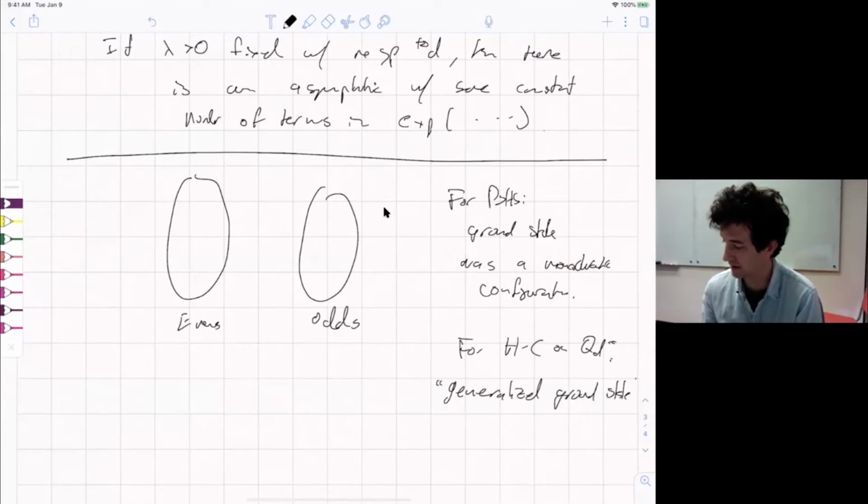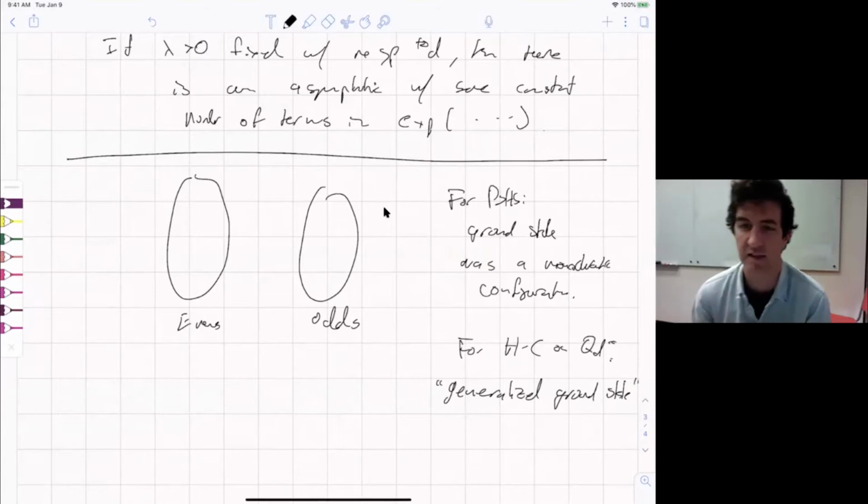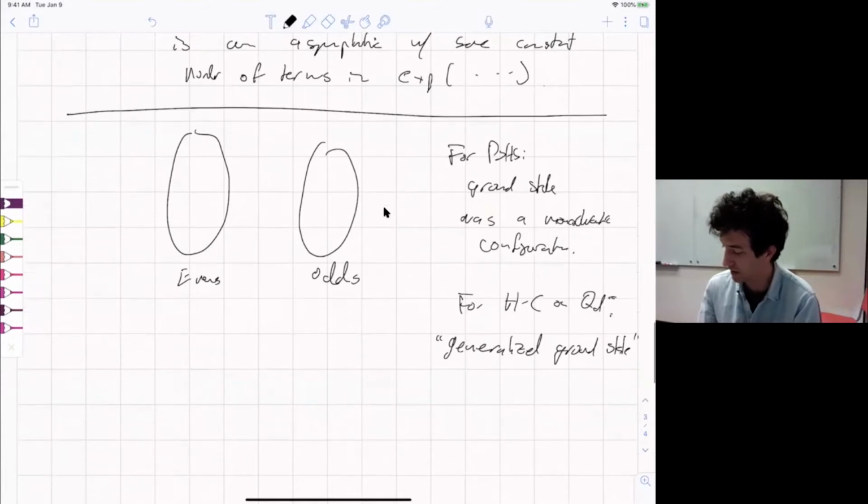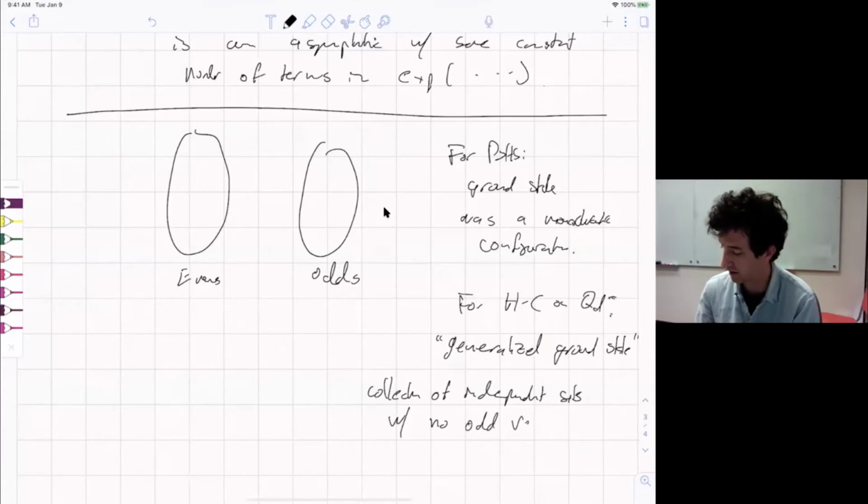And of course, this notion is already present in the formula you see above. So this is not anything new, but the generalized ground state will be the collection of independent sets with no odd vertex, or respectively no even vertex.